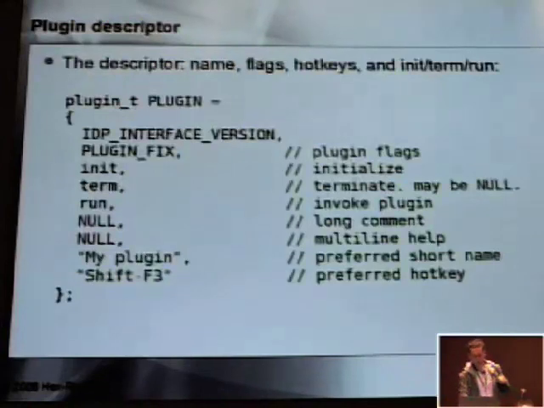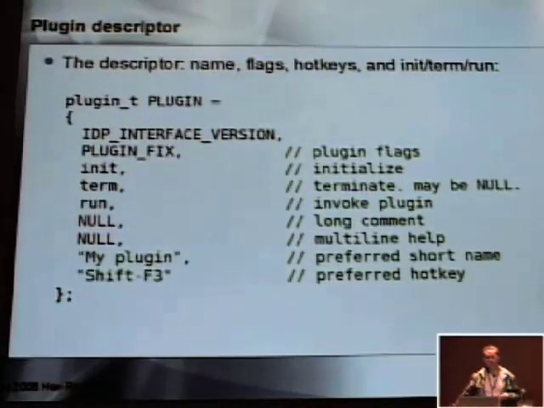So if you want to write a plugin, we'll do it this way. Each plugin has a descriptor, and the descriptor has pointers to 3 functions. The first function is called initialize. As the name implies, it initializes the plugin. Then we have the termination function and the function to invoke the plugin that does the real stuff, to run the plugin.